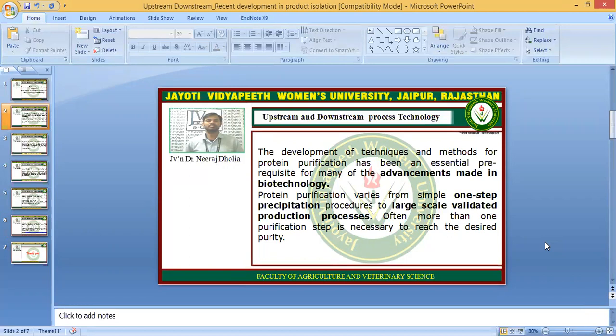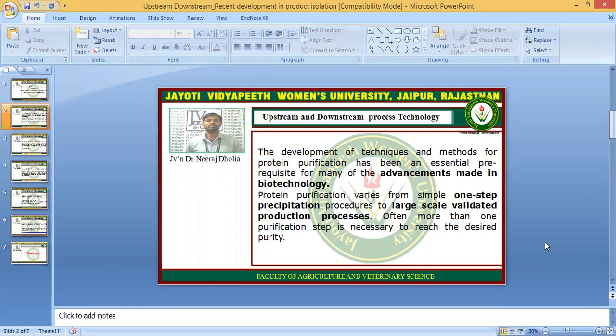Specifically, protein purification varies from a simple one-step precipitation process to large-scale validated production processes. So there are a variety of purification methods.